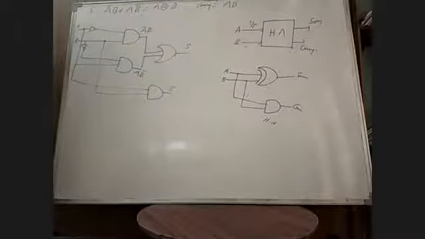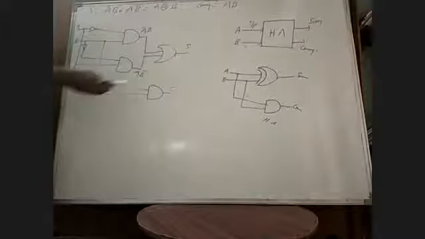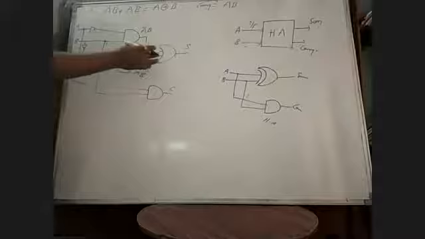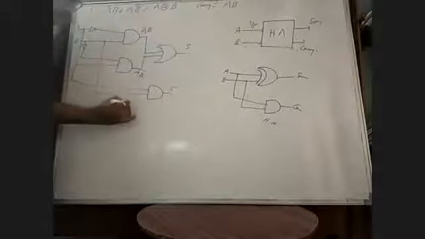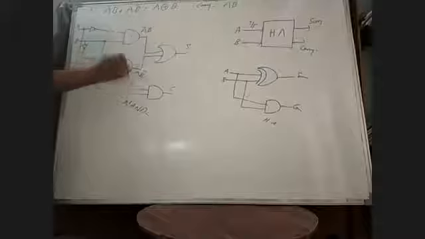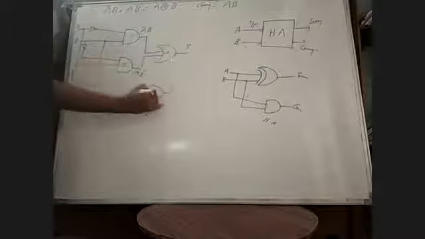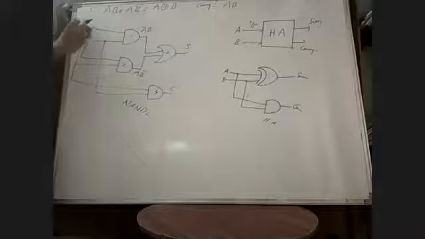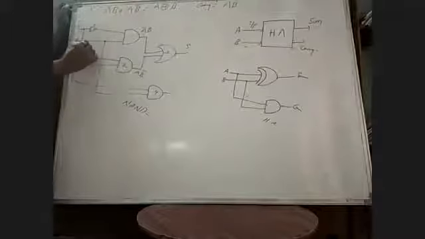Now we have to draw it with NAND gates. To draw this circuit diagram using NAND gates, how many NAND gates are required? Let us see: 1, 2, 3, 4. 4 NAND gates for 4 blocks, and similarly for A bar it is 5 and B bar it is 6.